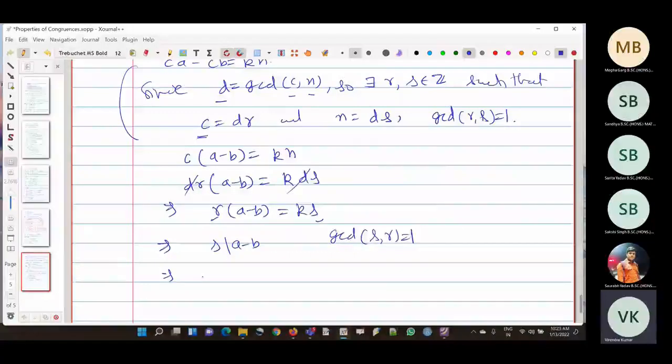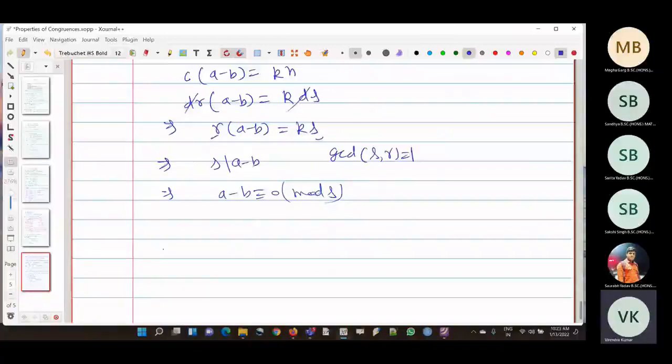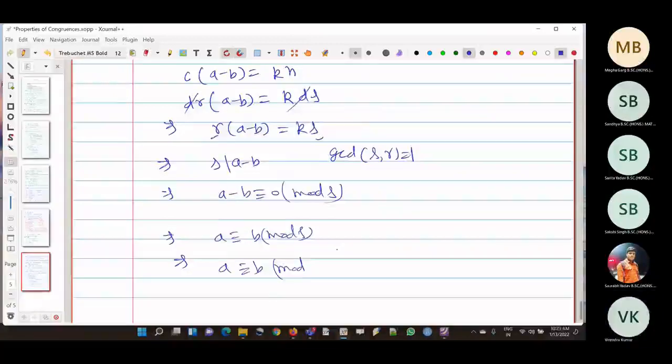We are using Euclidean criteria for divisibility. Then this implies that A minus B is congruent to 0 modulo S. If S divides A minus B, so A minus B is congruent to 0 modulo S, or we can write A is congruent to B modulo S. And what is S there?